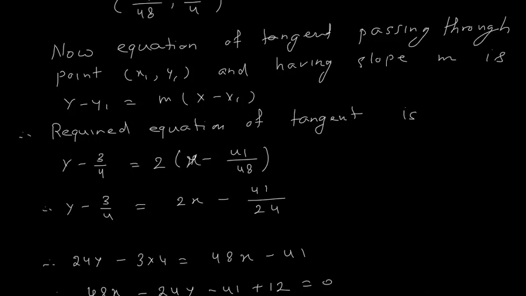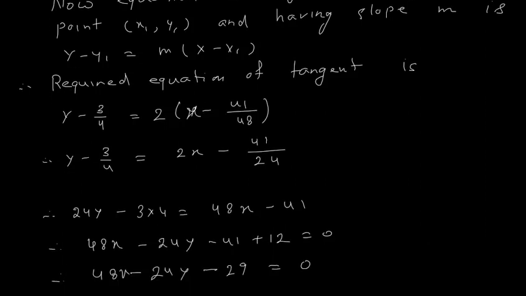So what we have done, we have opened the bracket, so we got y minus 3 upon 4 equal to 2x minus 41 upon, now when I multiply with 2, it will become 24. Again we have multiplied each and every term by 48.